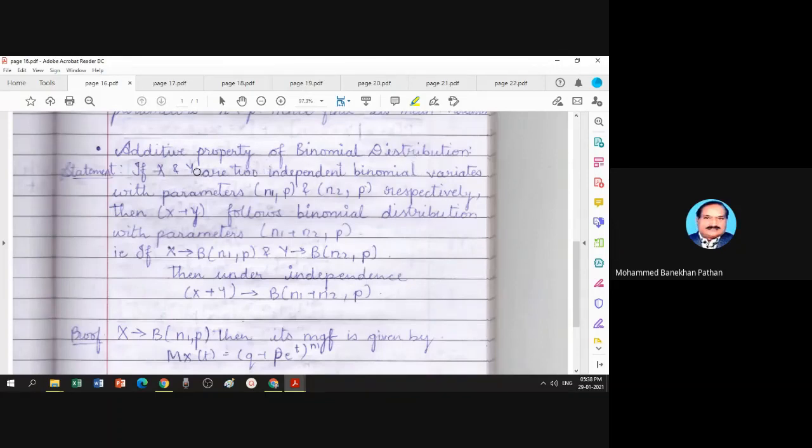What the statement says: if x and y are two independent binomial variates with parameters n1, p and n2, p respectively, then x plus y follows binomial distribution with parameters n1 plus n2, p.